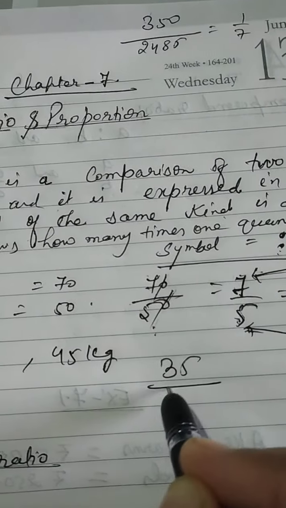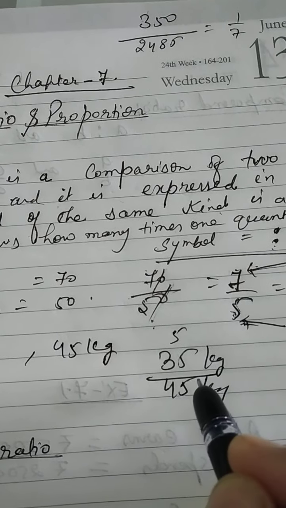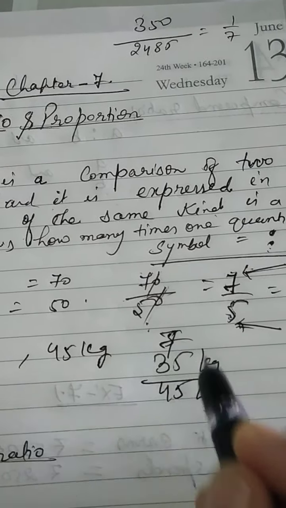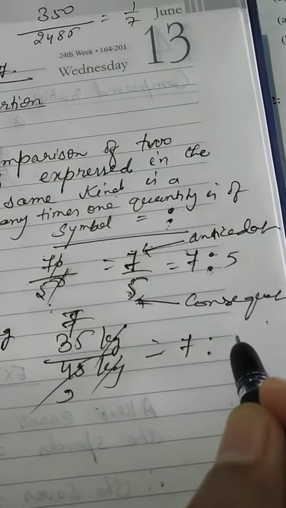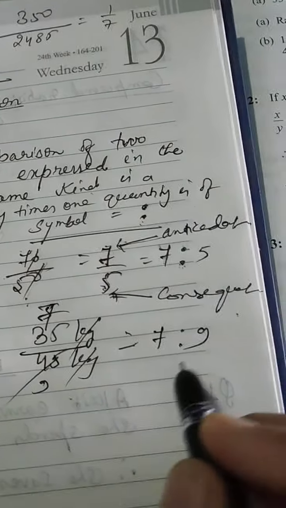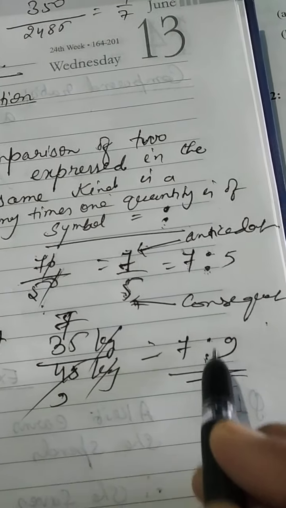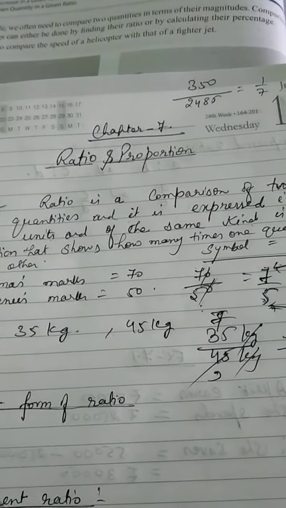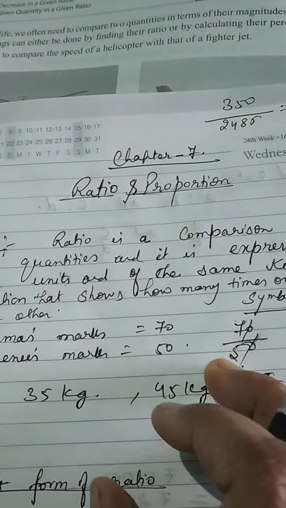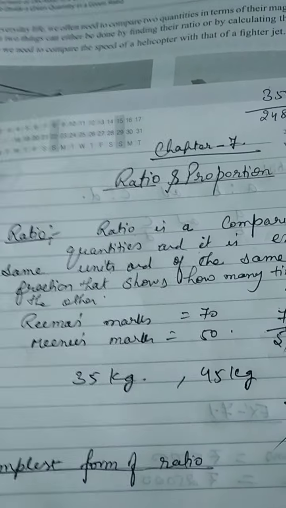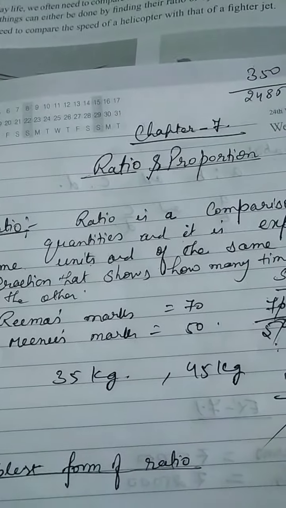In the form of ratio, 5 7s are 35, 5 9s are 45, kg will get cancelled, 7:9. So we can write it in ratio form. This is read as 7 is to 9. I hope it is clear what is ratio and what is the use of ratio. It is used to compare any two quantities, but the units of the quantities should be the same.